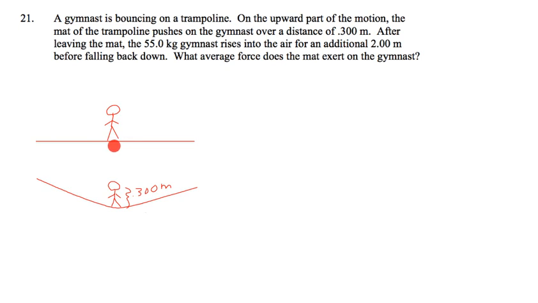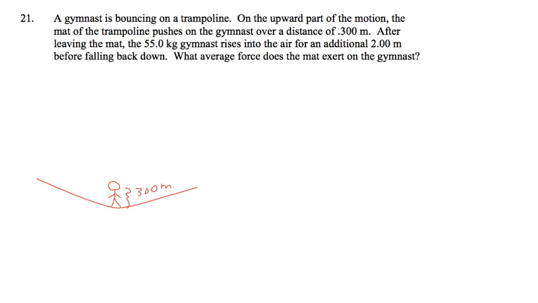I don't need to do that and break it up, because from that point I could say it's all kinetic energy here, the person goes up into the air, and at some point it's all potential energy. Rather than having this in-between step, I'm just going to have my starting position right here.